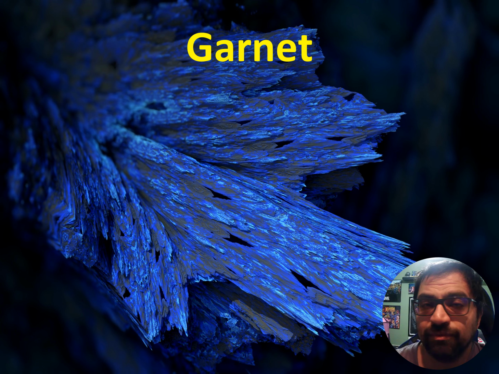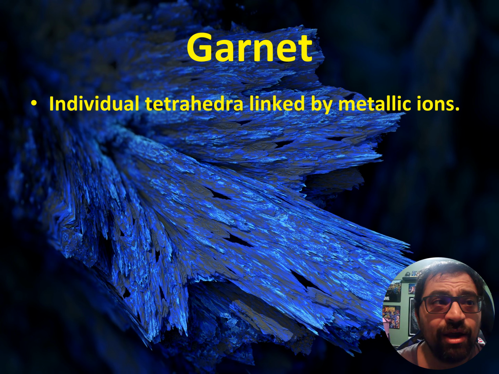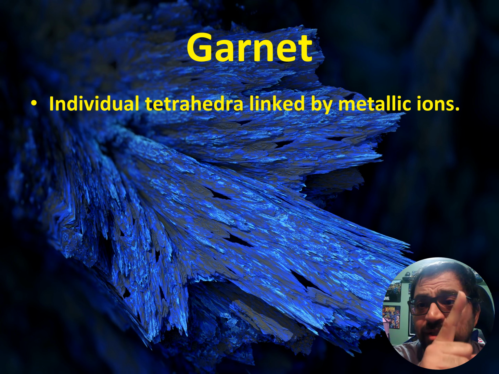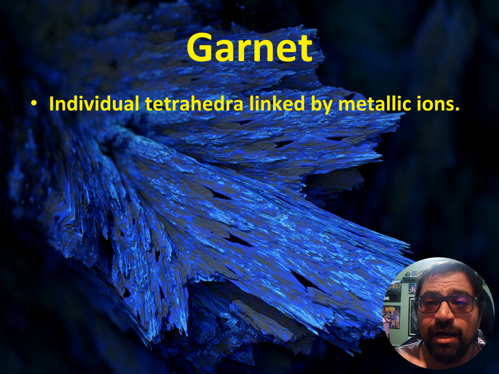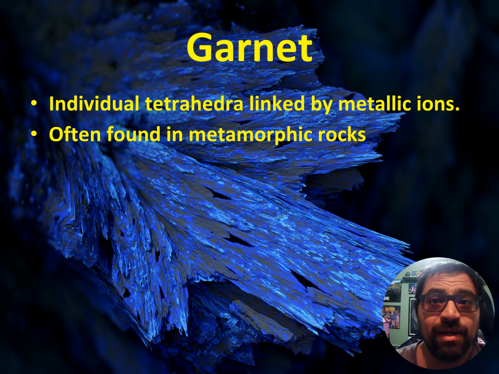Garnets are the birthstone of January, I believe. Once again, they are individual tetrahedron where you link one tetrahedron to the other one by the use of metallic ions. We tend to find them a lot in metamorphic rocks.